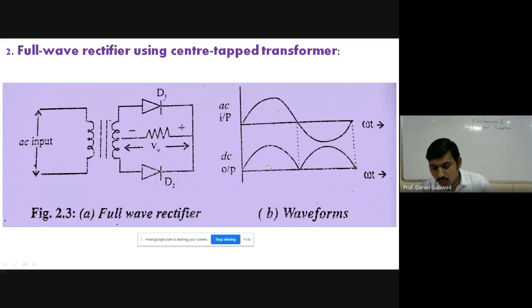Now in the output, we have the positive half cycle as it is, but instead of the negative, we have again a positive half cycle. A ripple means the voltage goes on increasing to maximum, then becomes zero. This is called ripple. Again the voltage increases to maximum and becomes zero. So this will happen 2 times: voltage 0 to maximum, 0, maximum, 0. So for one AC cycle, it will be 2 times maximum, minimum, maximum, minimum.